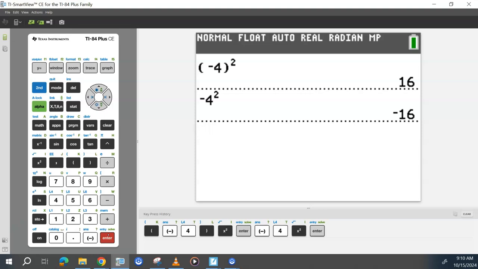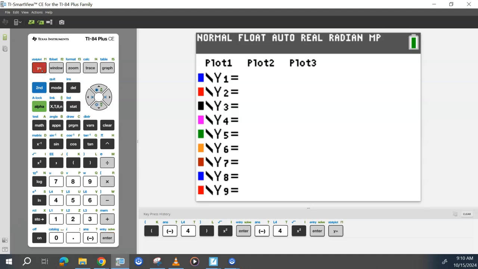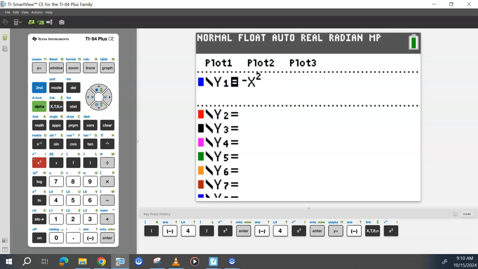Okay, in your calculator, we're going to put number 6 in. So you're going to go into y equals at the top. And you're going to type in negative x squared, so your negative, your x, and then the square button, plus 6x minus 4.